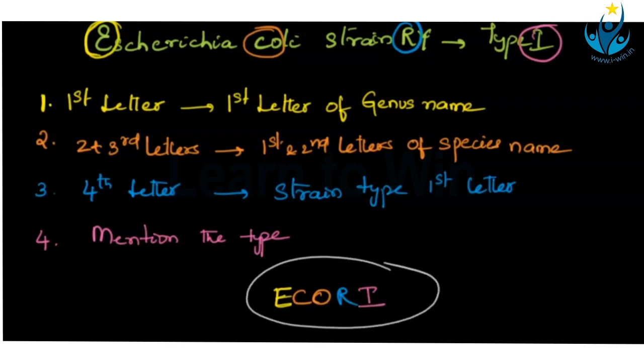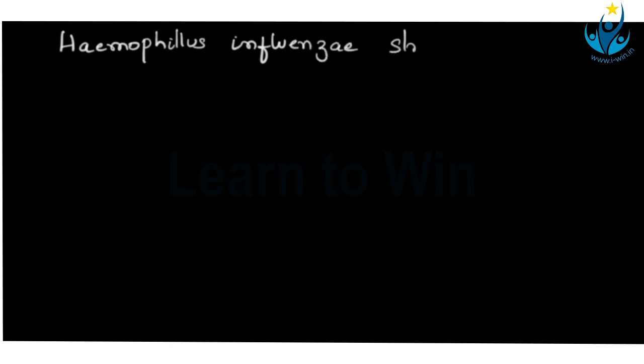Okay, so let us take another example and do it. This time we will write Haemophilus influenzae, strain D, type 2.